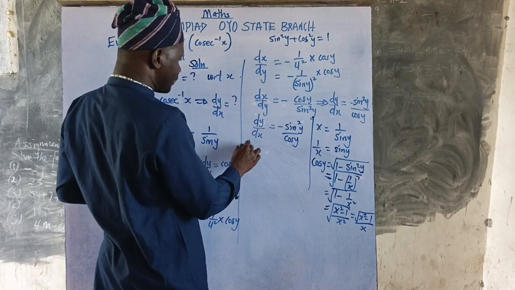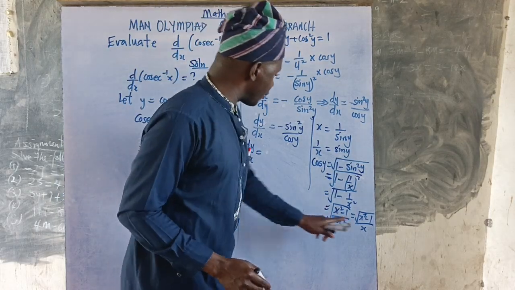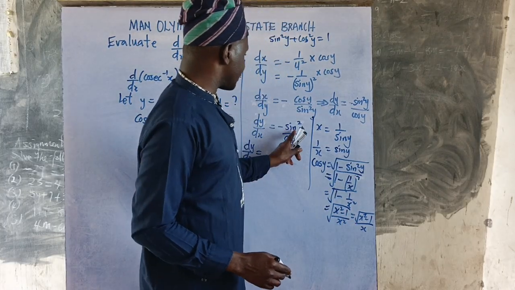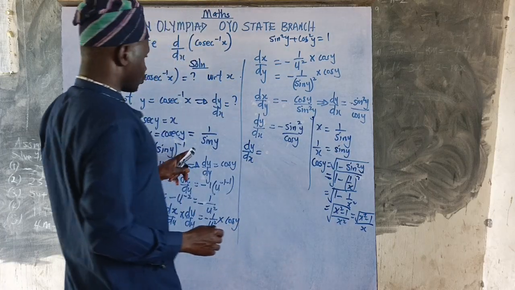So therefore, we have dy/dx, where cos y is this. In place of cos y, we are using this value, and in place of sine y, we are using 1 over x.